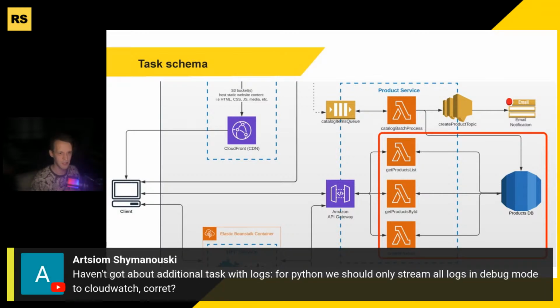Have you got a question about the additional task with logs? For Python, they should only stream all logs in debug mode to CloudWatch, correct? Not really. I'm sorry, I maybe misspoke a bit. You should just put some prints in your Lambda function. I think that's it. It will be enough for you just to place some logs in CloudWatch, so don't spend much time on it.